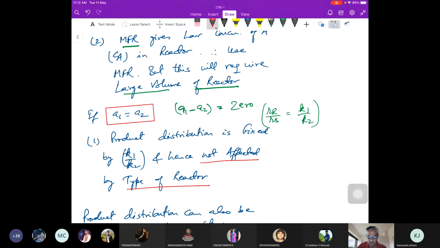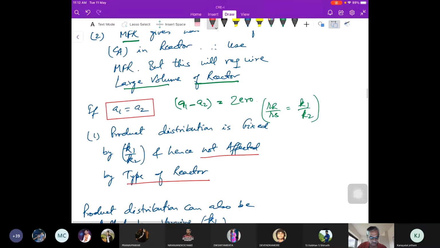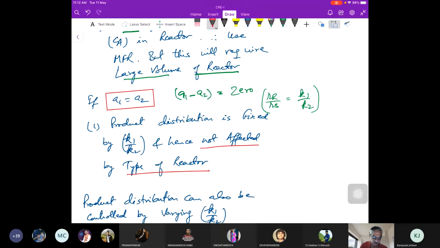So that we have to see separately, what effect will there be, because we can manipulate it with temperature. That we'll see. The product ratio is fixed by K1 by K2 and is not affected by the type of reactor, but temperature will have an effect. Because temperature will have a different effect on K1 and K2 depending on which factor?